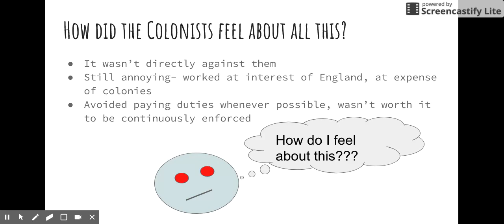So Americans avoided paying duties, or basically taxes, related to these acts whenever they could. And basically, it was almost all the time. It was too expensive for the British to actually try to collect duties in the Americas, which was still pretty lightly populated at the time. The acts didn't really alienate the colonists. Colonial governors only enforced these when they felt like it.